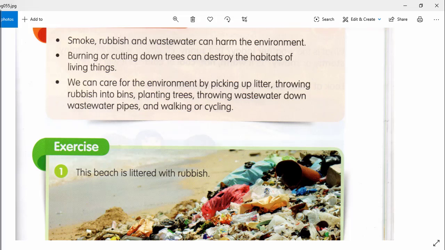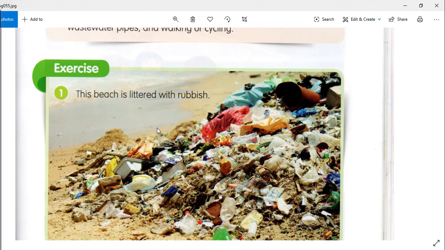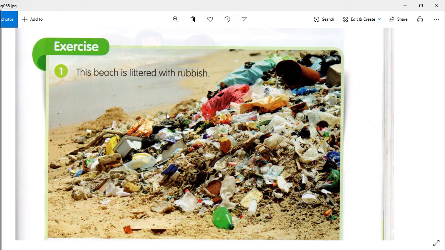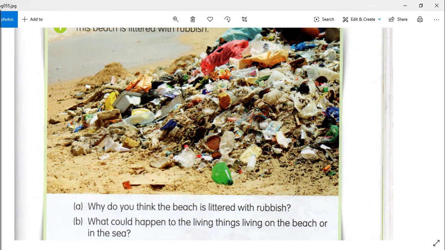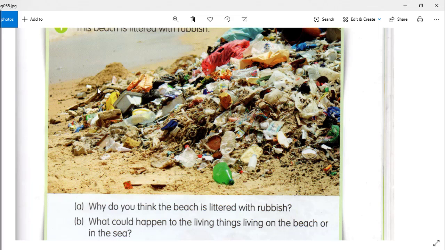Okay, so let's take a look in this exercise. Look at this. So this beach is littered with rubbish. So why do you think the beach is littered with rubbish? What do you think? Of course, it's because the people who throw the rubbish over there don't care about the environment.